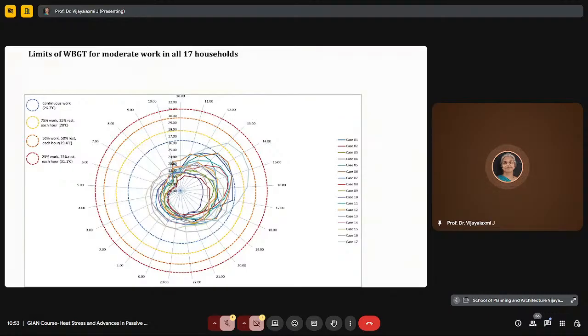So you can imagine what would happen in the month of May. When the roof is made up of terracotta roof tiles and one brick thick wall with plaster on both sides, this has the lowest WBGT value. Other cases with terracotta tiles have lower WBGT values than RCC and tin roof cases, especially during the morning work period. So on and so forth.